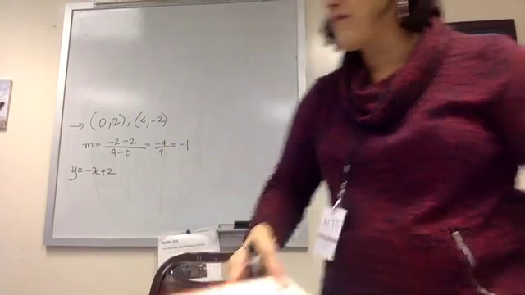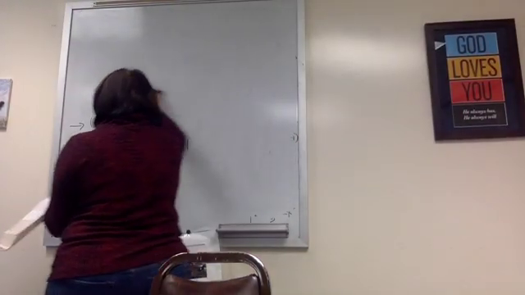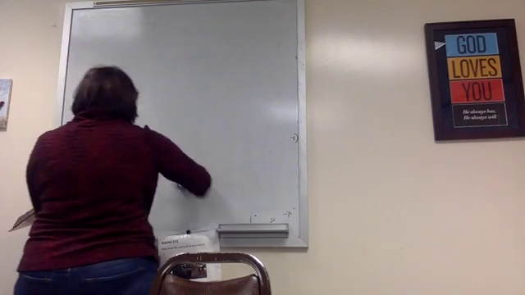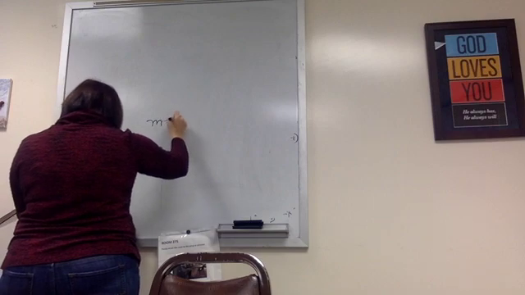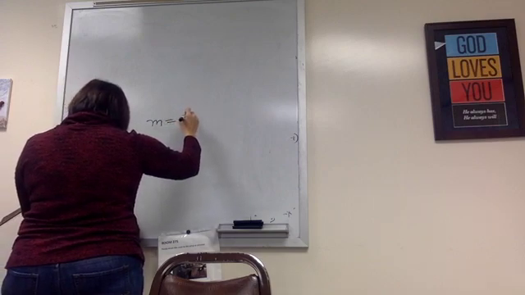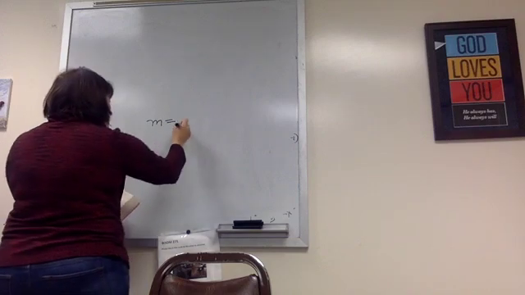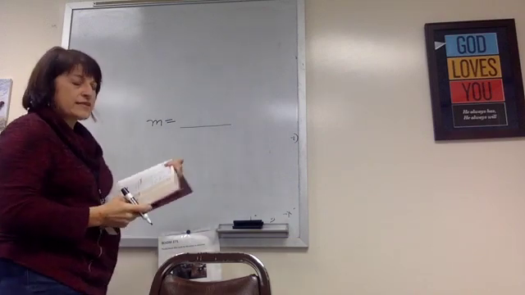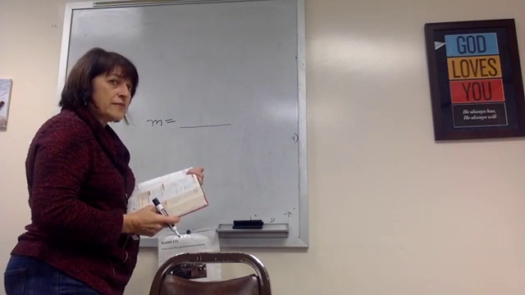Okay. All right. So Isaac, how do I set it up for slope on B? 2 plus 1. No. 4 minus 3. Okay, hold on. What's going to be on top? It's going to be the rise over run, right? So what's it going to be? I need the y's on top, not the x's.